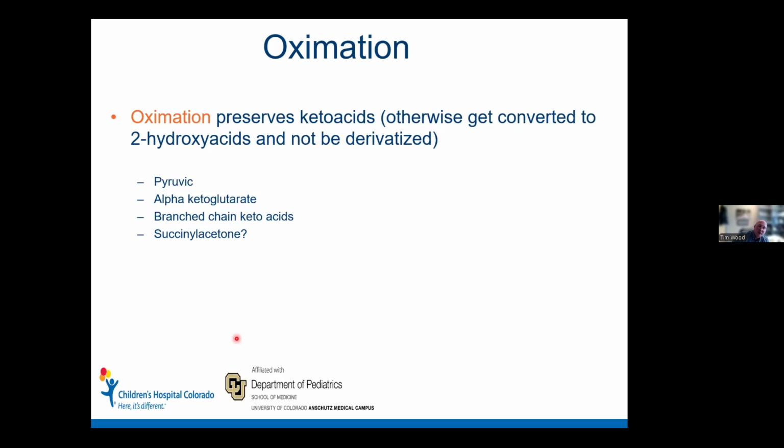But maybe if there's some other compounds that people want to put in the chat or yell out that they really like with oximation. And when I moved to Colorado, they don't typically oximate here. At my former institution, every sample was oximated, and I had to get used to the big difference in doing these qualitative interpretations.